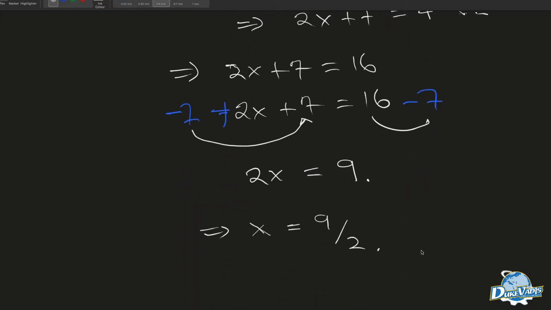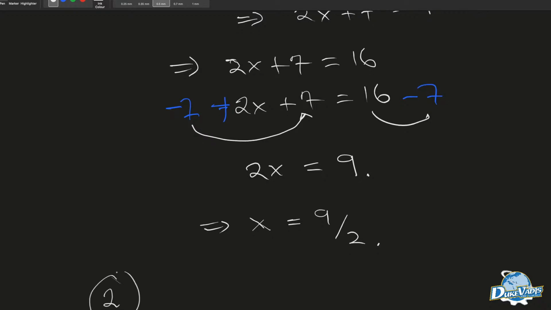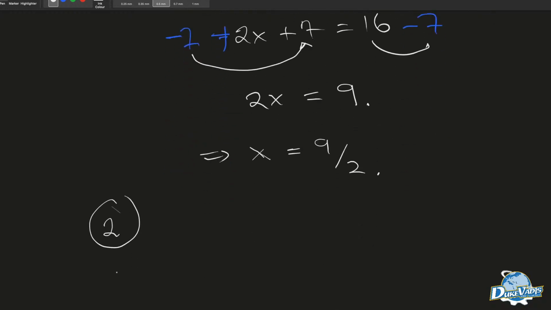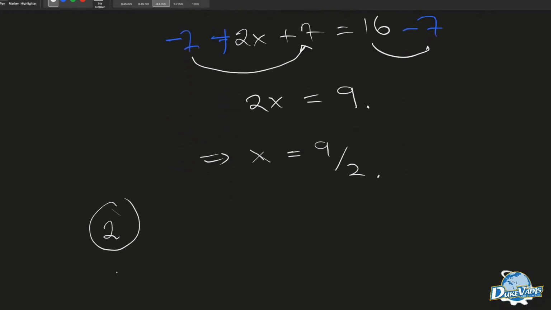Now let's look at equation number 2. Equation number 2 is another interesting one. It's the natural log of the square root of (5x minus 4) equals 3.